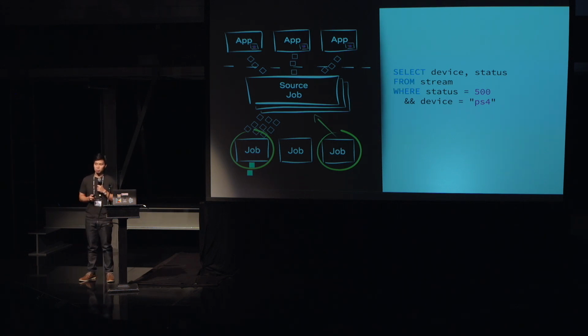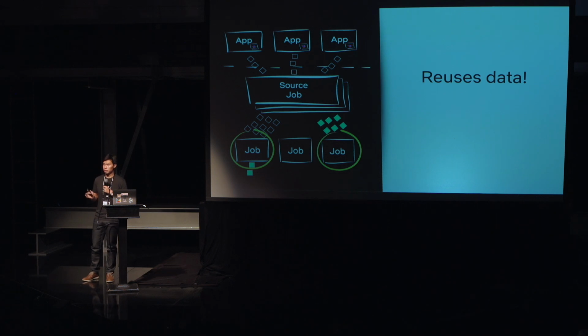These will get sent to the source job, but now, instead of the source job going upstream to the application to refetch this data, it knows that there's already a subscriber, that job on your left, which is asking for some overlapping set of data. So it knows it has those events already, and it'll just reuse that data and send it downstream to that Mantis job. So you don't go up to the application at all for that second job, so you save on the cost there as well.